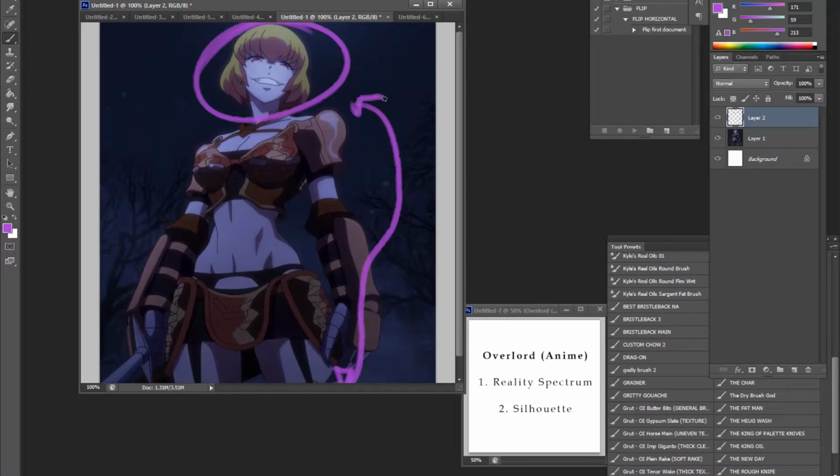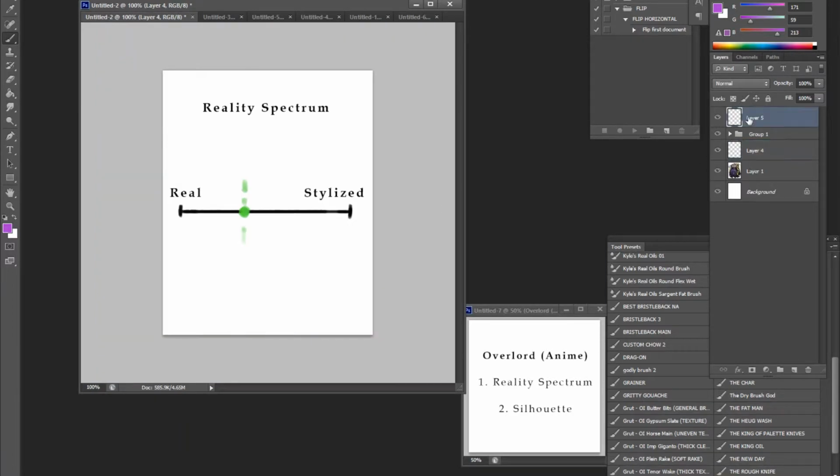So the body is, if we go back to the reality spectrum, I'll put it here, we're probably going to be looking at a body that is very close to realistic proportions. Of course, we can take into account rendering such, but I'm being a bit hyperbolic here. But her head is all the way over here.